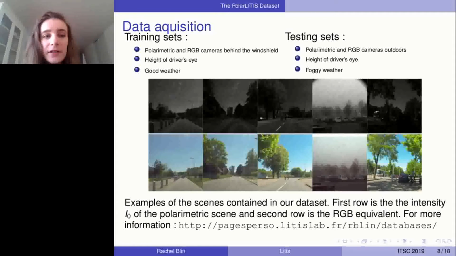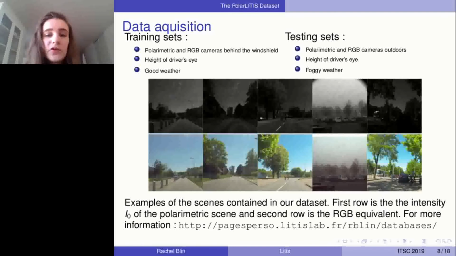Regarding the data acquisitions for the training sets, the polarimetric and the RGB cameras were placed behind the windshield at the height of the driver's eyes, and the scenes were captured under good weather conditions. As for the testing sets, the polarimetric and the RGB cameras were placed outdoors at the height of the driver's eyes, and the scenes were captured under foggy weather conditions.